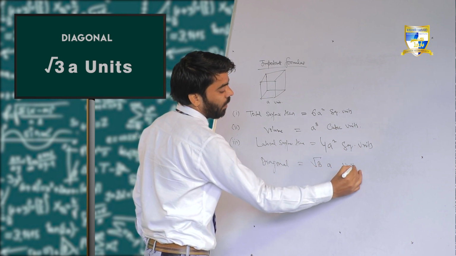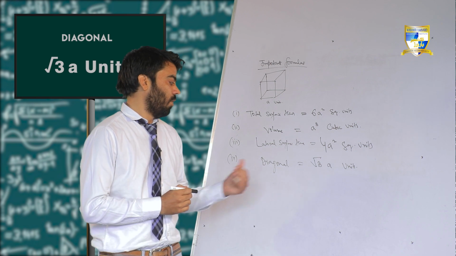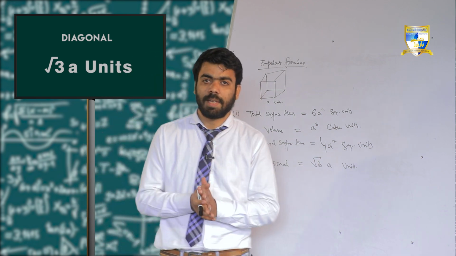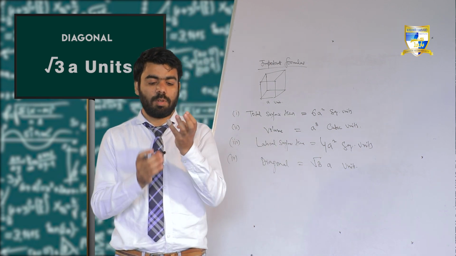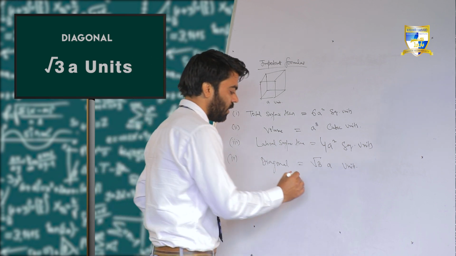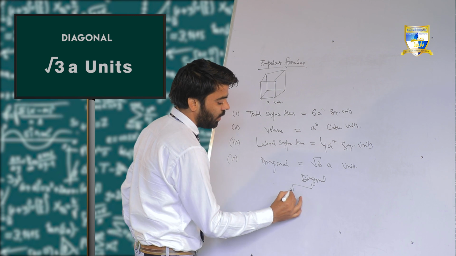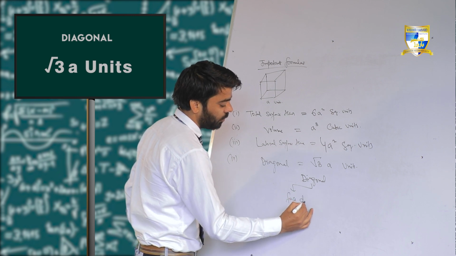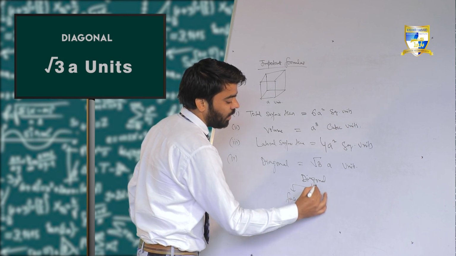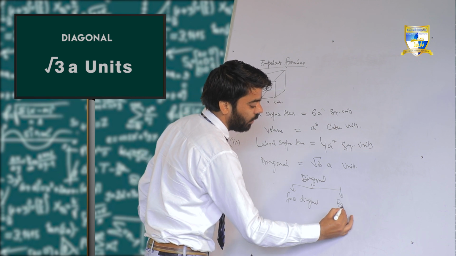But the question is, what is the diagonal and how many types of diagonals are there? There are 2 types of diagonals. One is known as face diagonal, and the second is known as body diagonal.